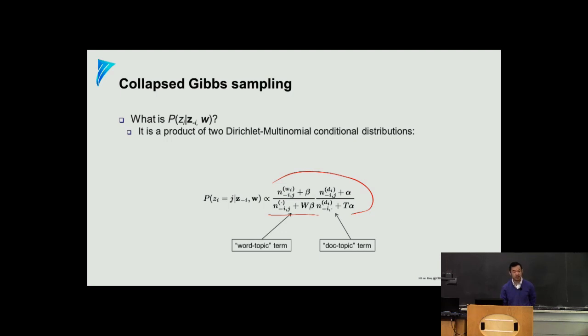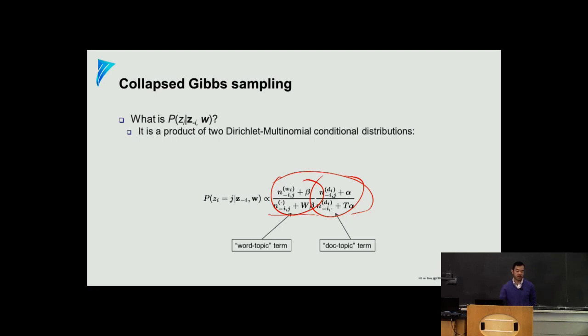The form maybe is a little bit hard to decode, but you can see they correspond to 2 types of weighted counts multiplied together, okay? And this weighted count is the so-called word topic terms. It basically tells you the number of words that appeared under a particular topic versus all the words.